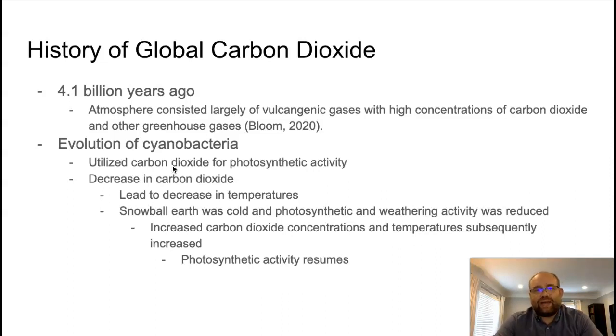So oxygen is a byproduct of this photosynthetic activity, but carbon dioxide is a reactant. That means photosynthetic activity actually will absorb carbon dioxide from the atmosphere. Because it was absorbing this carbon dioxide, we saw a decrease in carbon dioxide, which led to a decrease in temperatures, and eventually we had a snowball Earth.